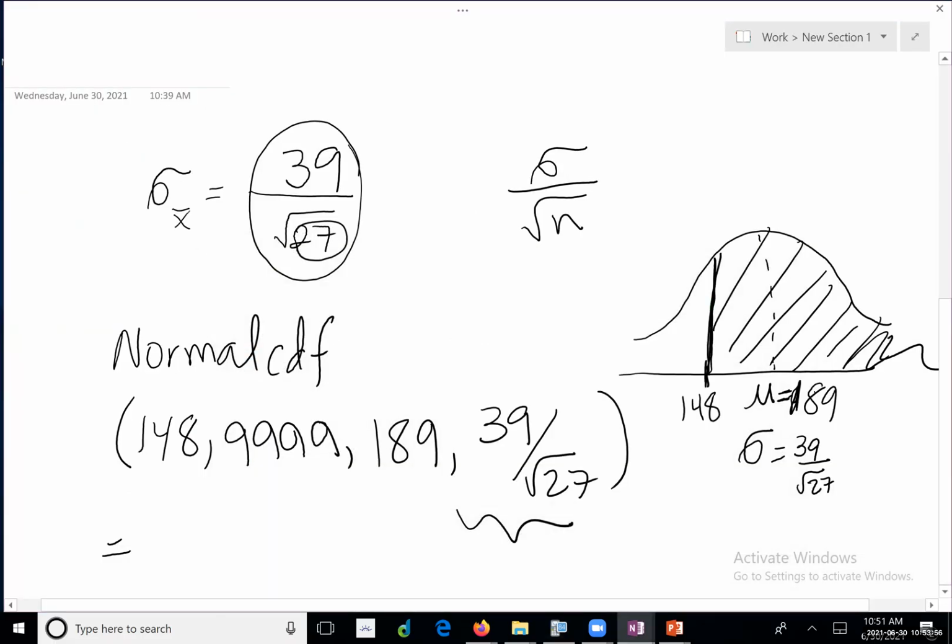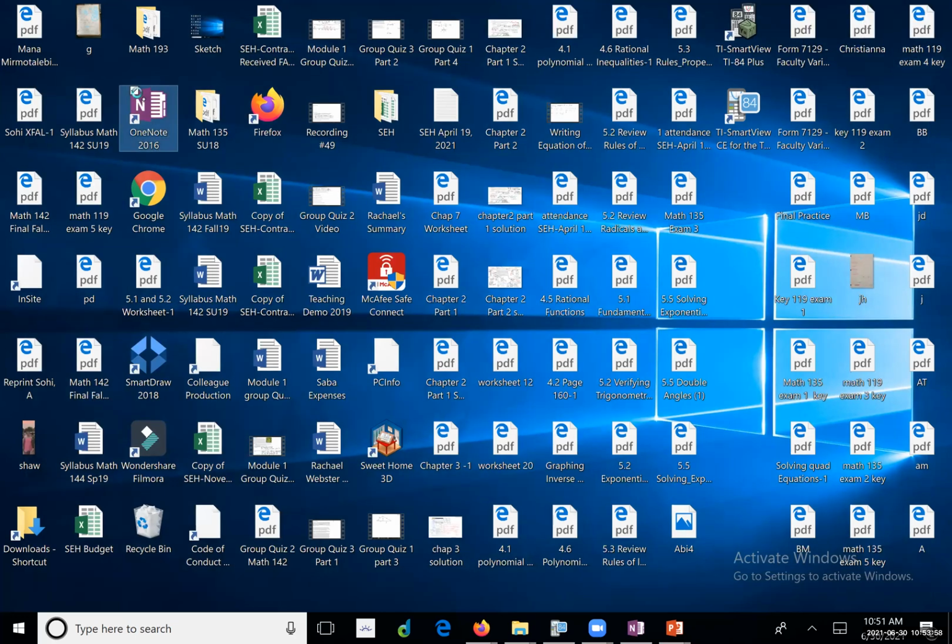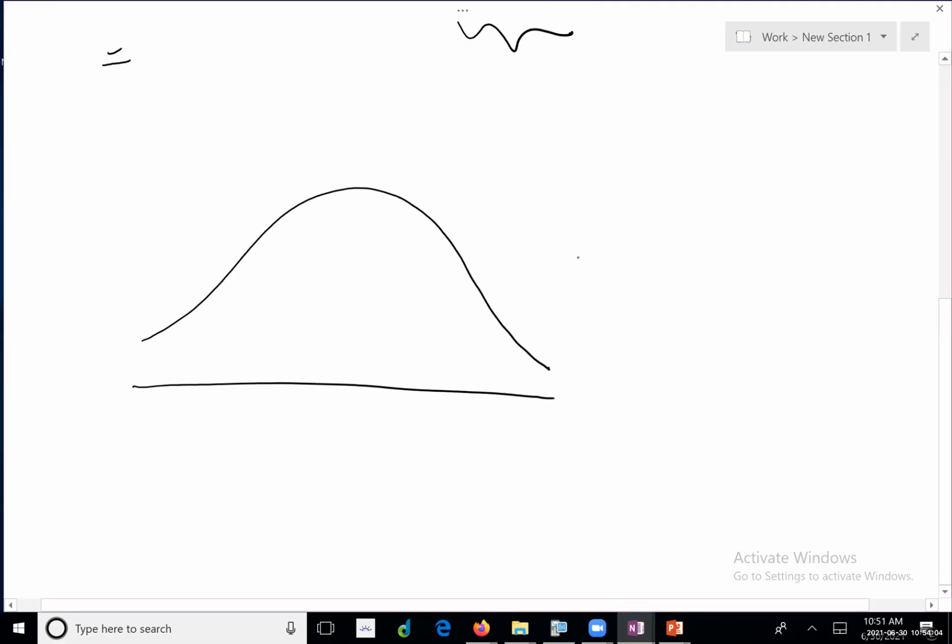Let me open OneNote. So here it is. If you had the curve, you would have mu in the middle. Mu is 98.6.